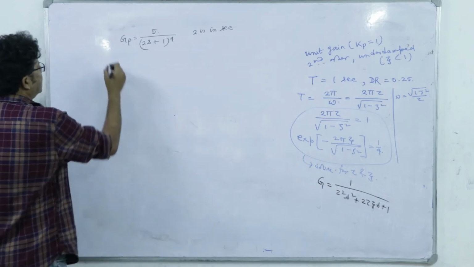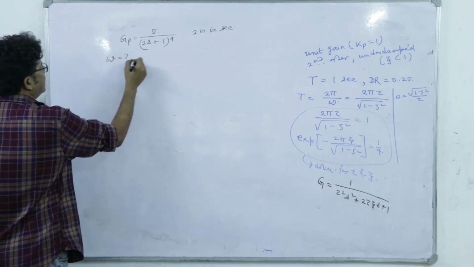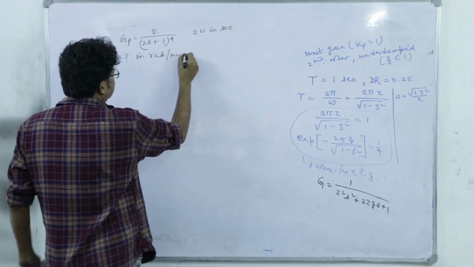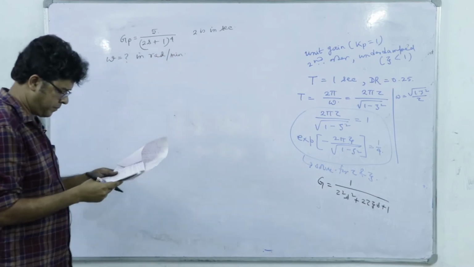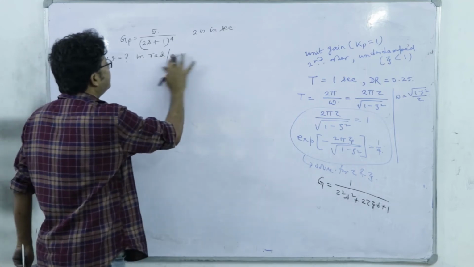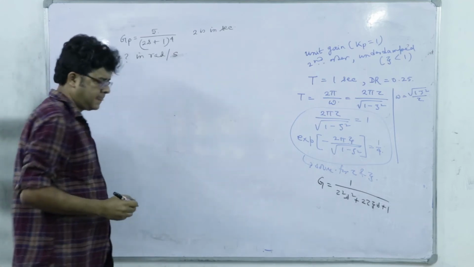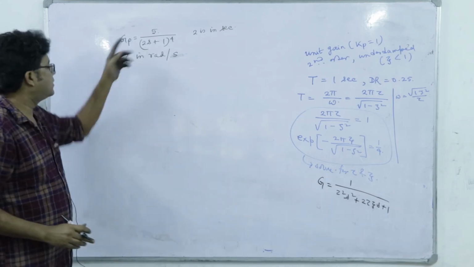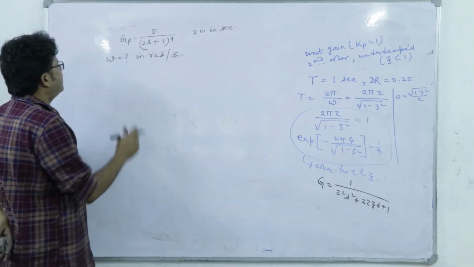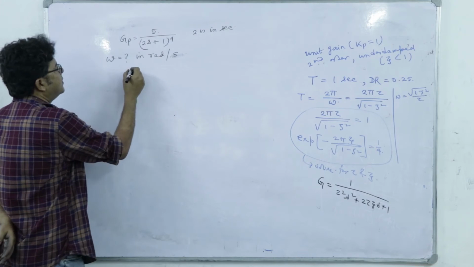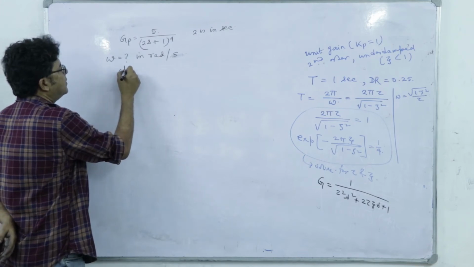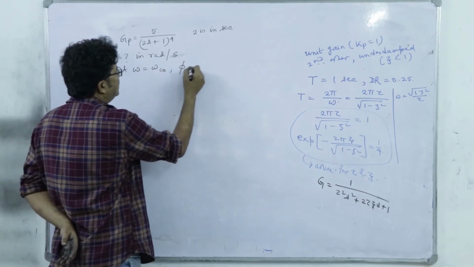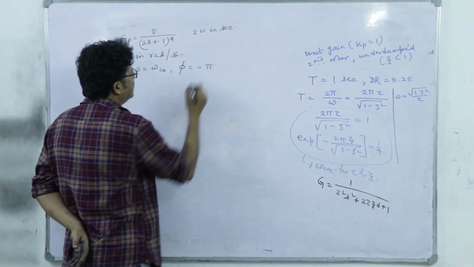We have to calculate the crossover frequency in radian per second. So, first you see, crossover frequency is at omega equal to omega CO, phi equal to minus pi.